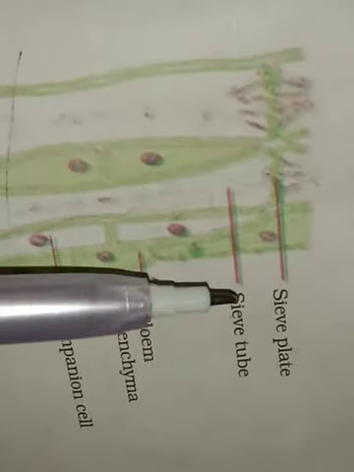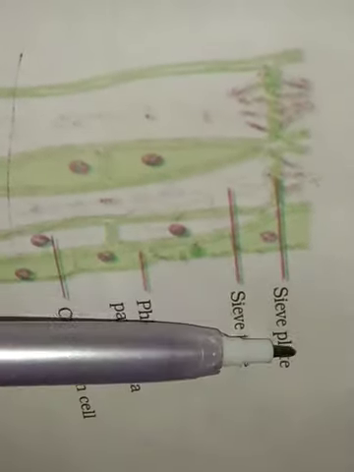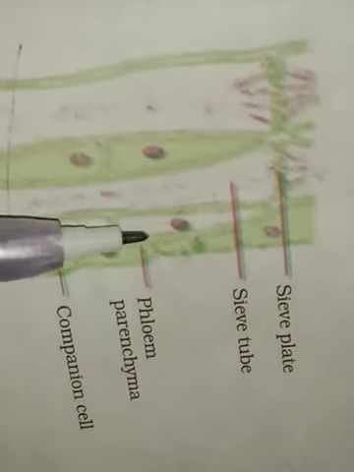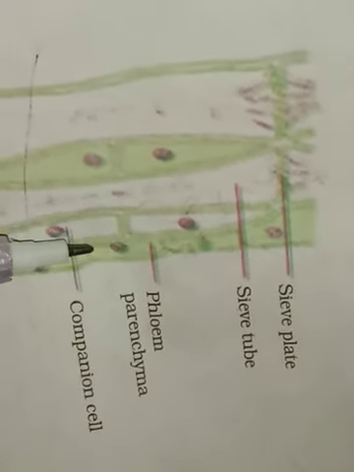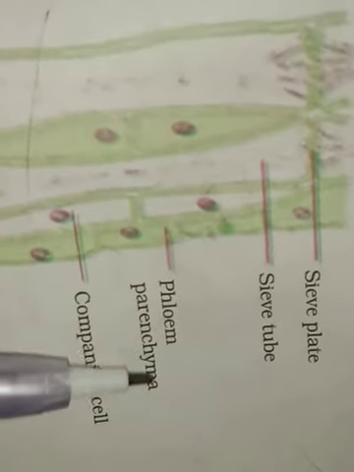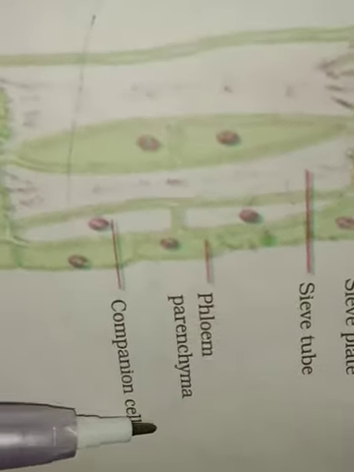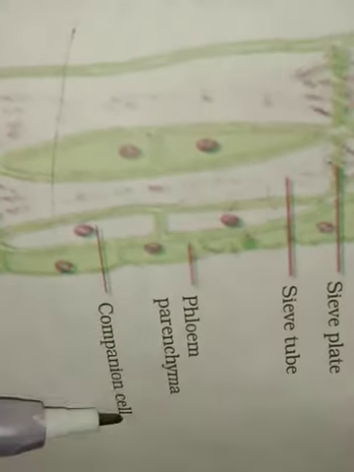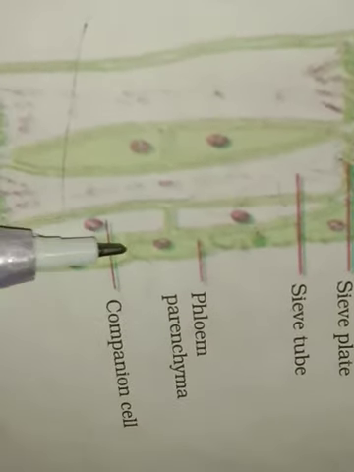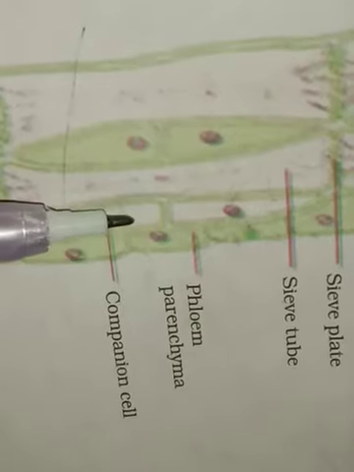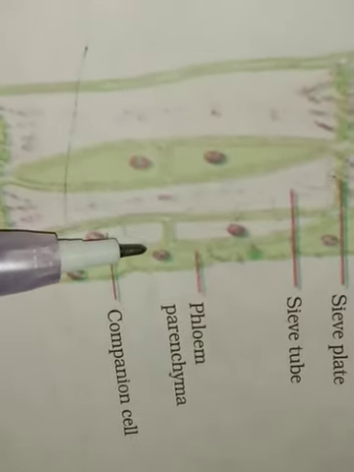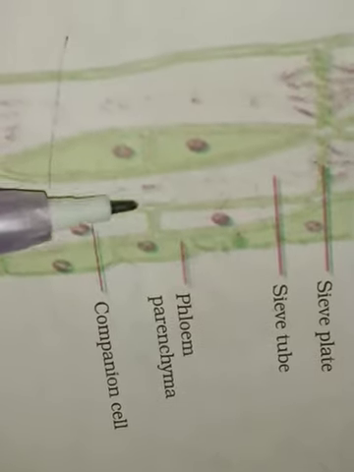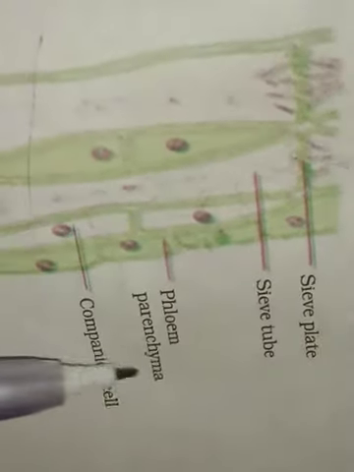So food is transported through the sieve tube and sieve plate. Again, phloem parenchyma stores the food, so that's why they have thick walls. Companion cells give company, meaning they accompany the transportation of food in the phloem. And fibers are also present in the phloem. They give protection and support to all of these components of a phloem.